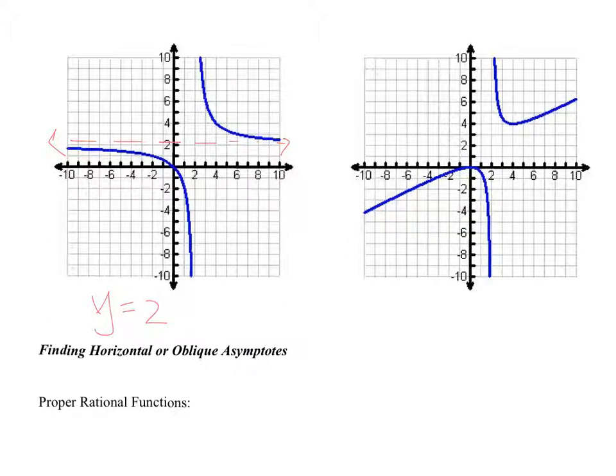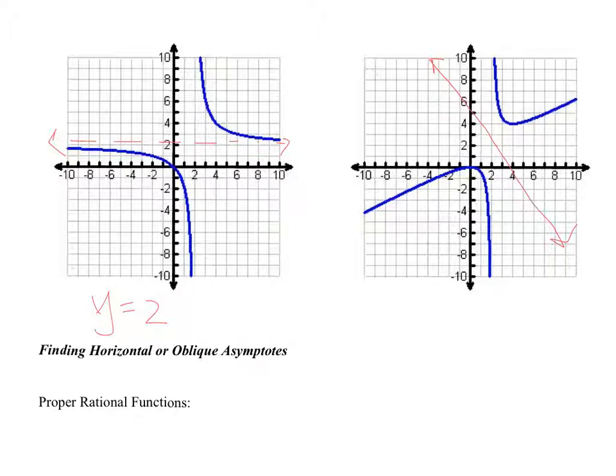Oblique asymptotes are sometimes a little bit harder to identify. So in the second graph, it would have an oblique asymptote. There's a line that kind of goes right through the middle of these two graphs. It's equidistant from each part, and that's going to be my slant asymptote. And this is just going to be an estimation.